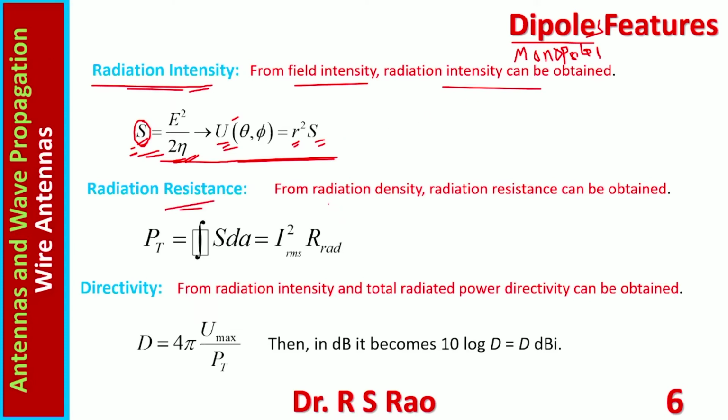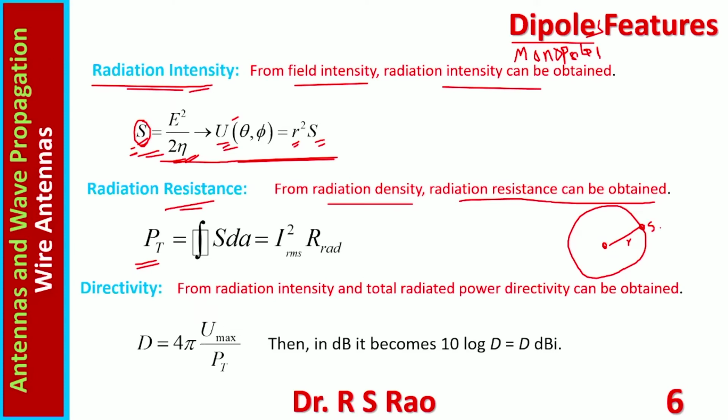Radiation resistance. Once power density S is available, radiation resistance can be obtained by first calculating the total radiated power. Total radiated power is obtained by integrating S, the power density, over a spherical surface. The process is this. We consider the radiator lying over the origin. We consider an imaginary spherical surface with radius, let us say, R. We know the expressions for E and S, so S is available at a point over this spherical surface.